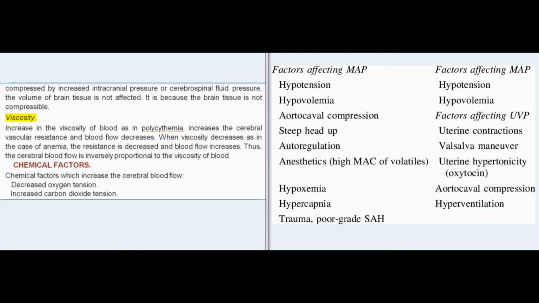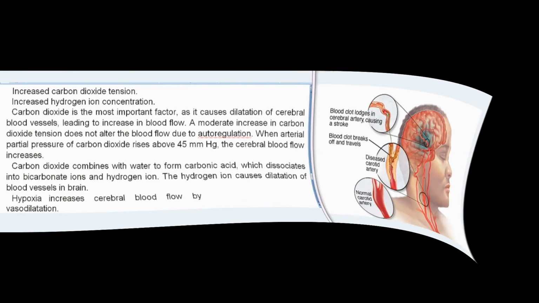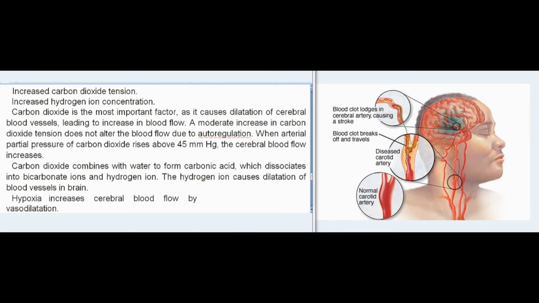Chemical factors. Chemical factors which increase the cerebral blood flow: decreased oxygen tension, increased carbon dioxide tension, increased hydrogen ion concentration. Carbon dioxide is the most important factor, as it causes dilatation of cerebral blood vessels, leading to increase in blood flow. A moderate increase in carbon dioxide tension does not alter the blood flow due to autoregulation.